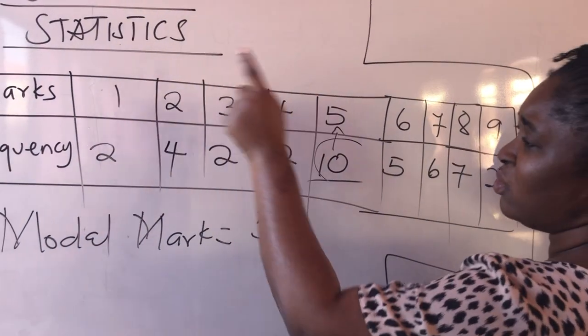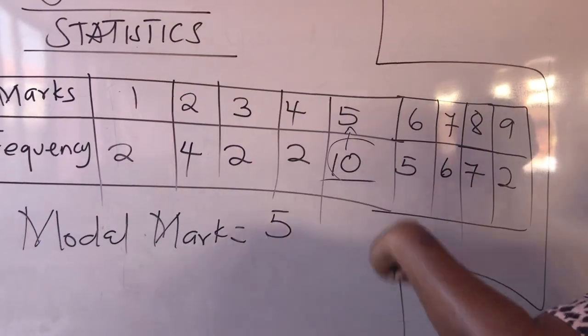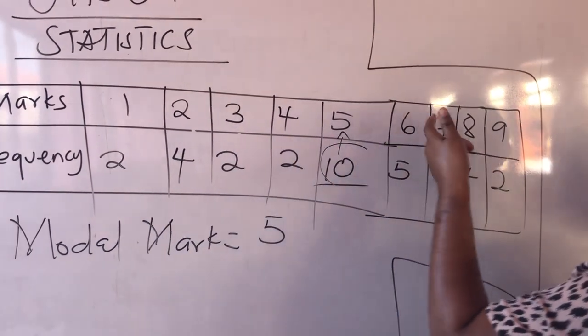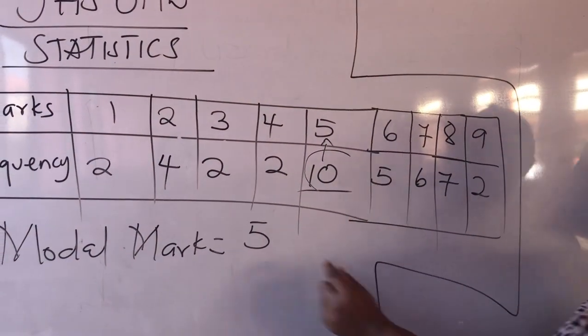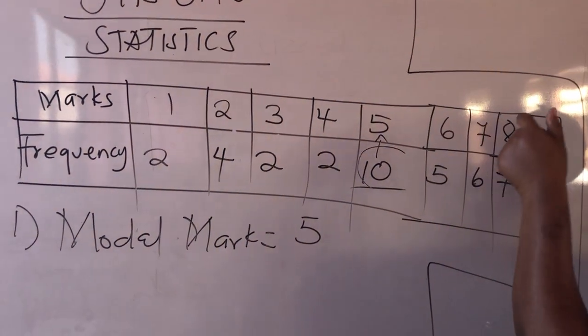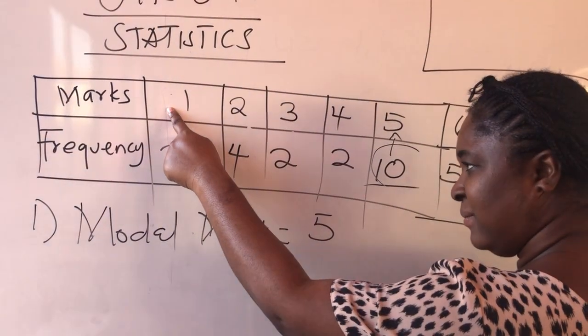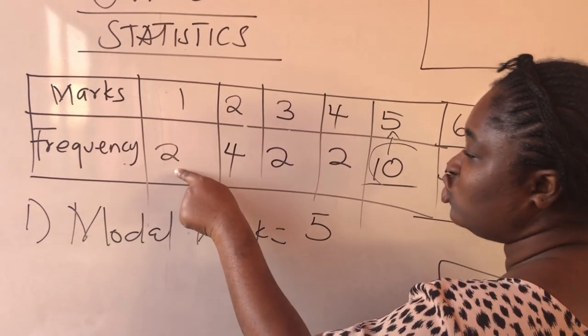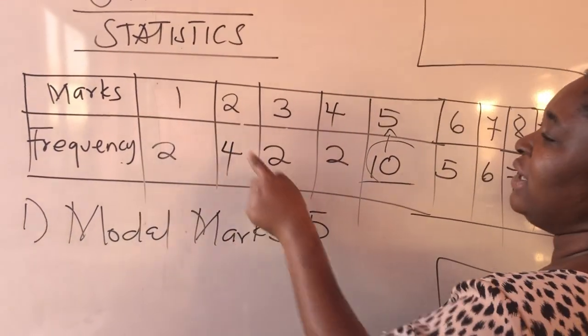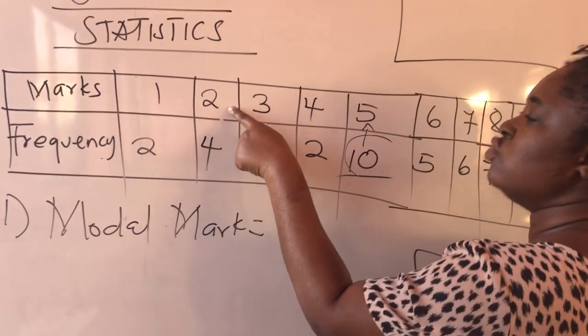Some people scored 1, some scored 2, some 3, 4, 5, 6, 7, up to 9. The frequency 2 shows the number of people who scored 1. So that means in the class, 2 people scored 1. In the class, 4 people got 2 marks.